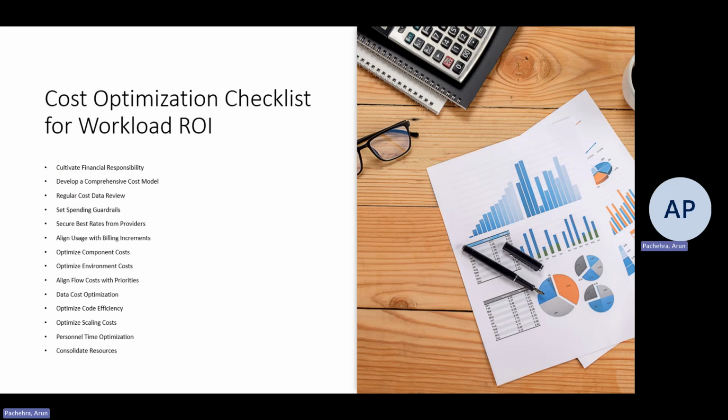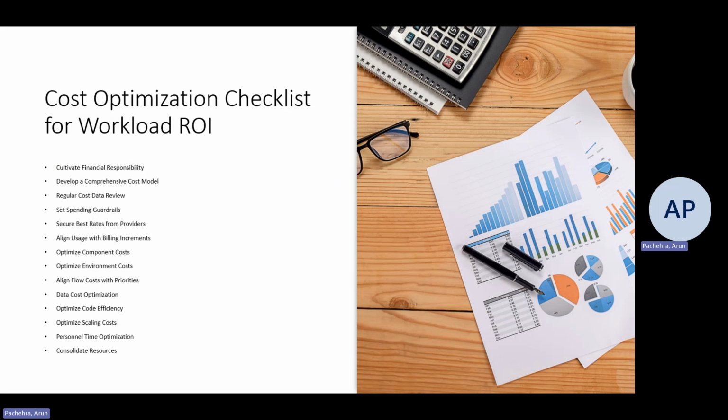They are cultivating the financial responsibilities onto the team, onto the resources who are directly connected to the cloud. You've got to develop a comprehensive cost model. So what is it? It's simply a cost model. Create a cost model that estimates all potential expenses. How can we do that? It is like forecasting the cost for the usage of your resources, your server usage, data storage, or customer support, with a contingency budget for unexpected spikes during sales events.